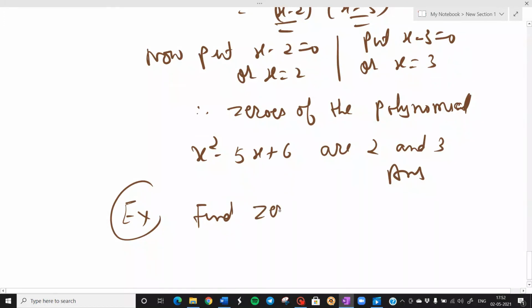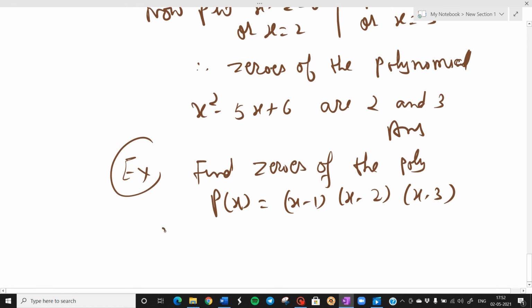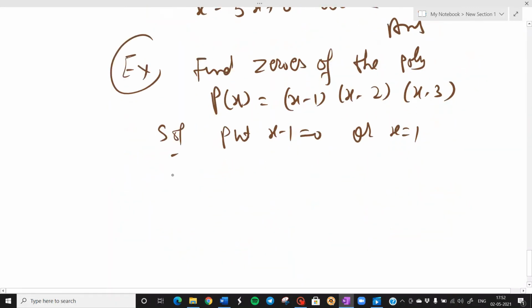One more example for you. Find the zeros of the polynomial p(x), you can write (x minus 1)(x minus 2)(x minus 3). Solution: put each factor equal to 0. Put x minus 1 is equal to 0, or x is equal to 1. Also put x minus 2 is equal to 0, or x is equal to 2.